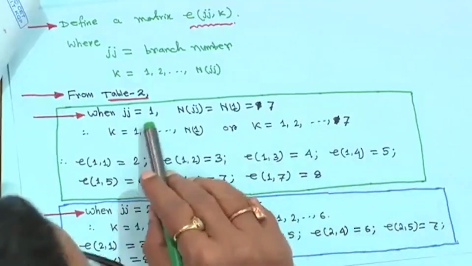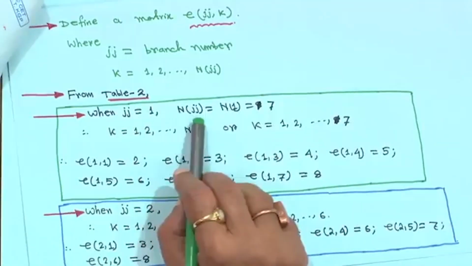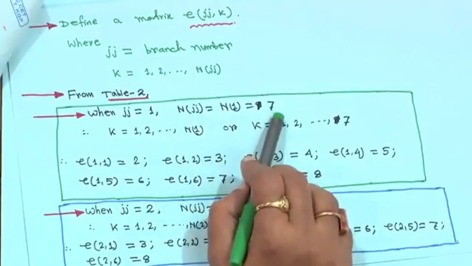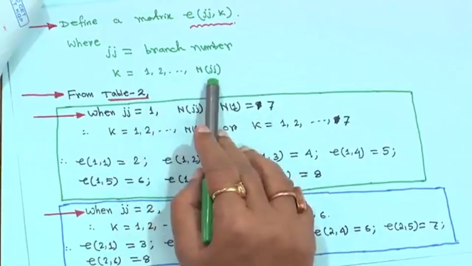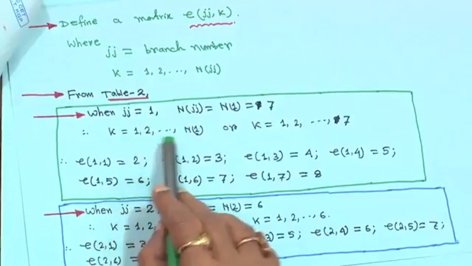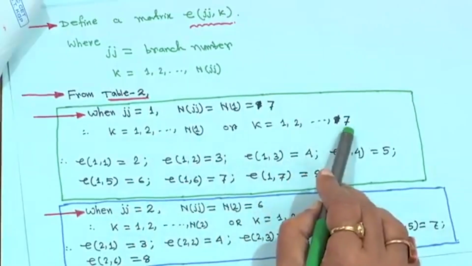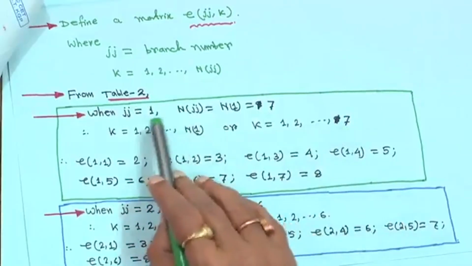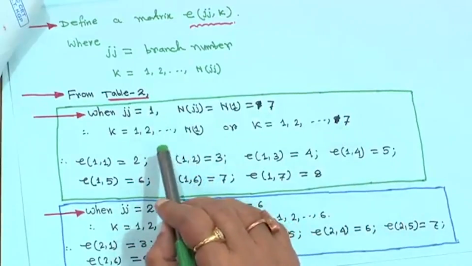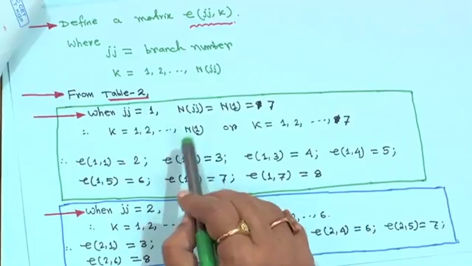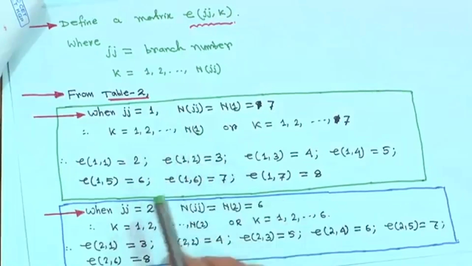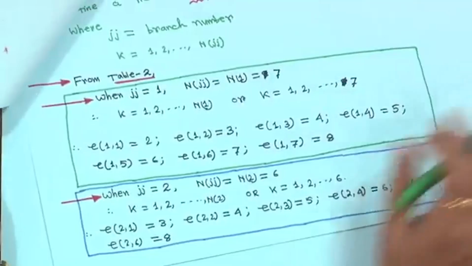So, when jj is equal to 1, njj is n1 equal to 7, and therefore k is equal to 1 to njj, that means k is 1 up to 7. That means E11, E12, E13, E14, E15, E16, E17.